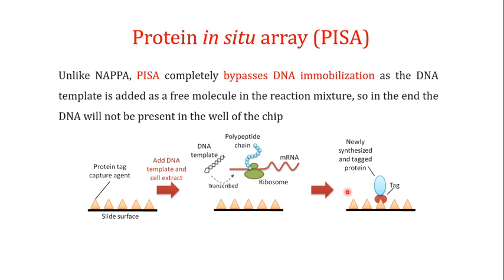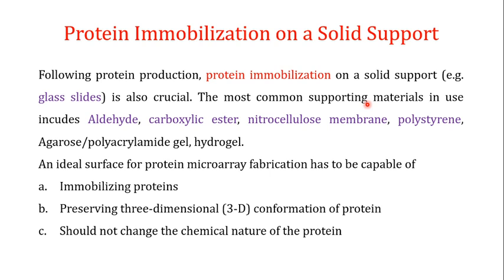So if you compare this particular structure with the one that we see in the NAPPA, there is no immobilized DNA template present in this particular well or at this particular position of the slide. So this is the protein in situ array, which completely bypasses the DNA immobilization. So in the end, the DNA will not be present in the well of the chip as a contamination.